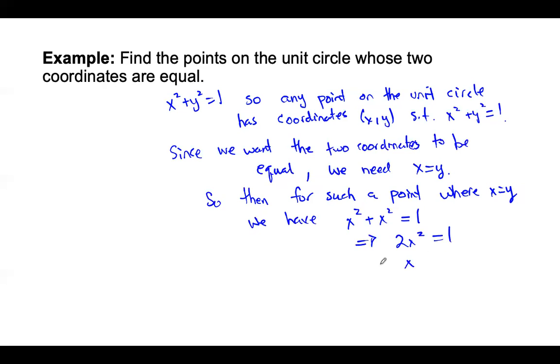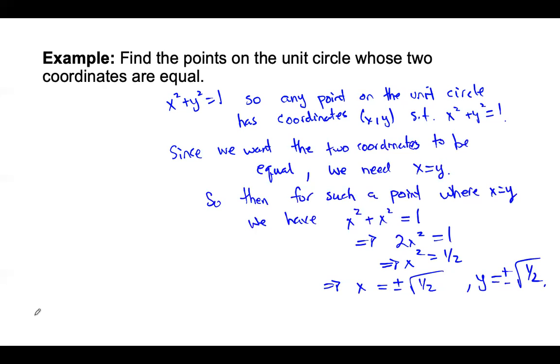So therefore x squared equals a half, which implies our x is equal to plus or minus square root of 1 over 2. And our y is the same because they're equal. So it's plus or minus square root of 1 over 2.